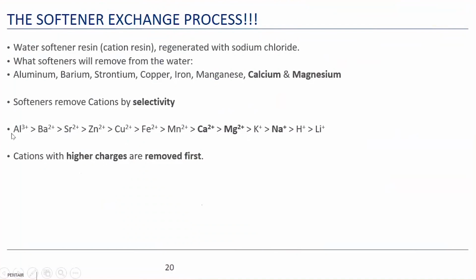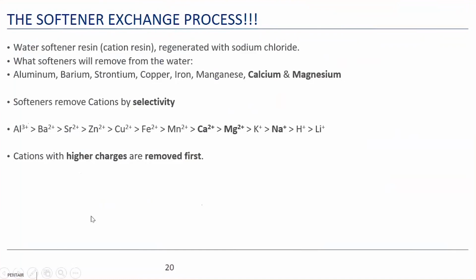It'll be removed first, preferentially to these. Why? Stronger magnets, bigger shape, fits tighter into the lock and key sort of design of the resin. Harder to get off because of that size, because we've got to squeeze this guy in to push it off.